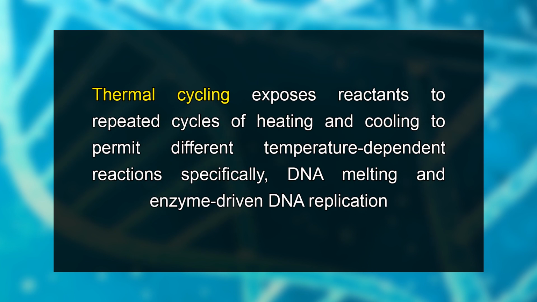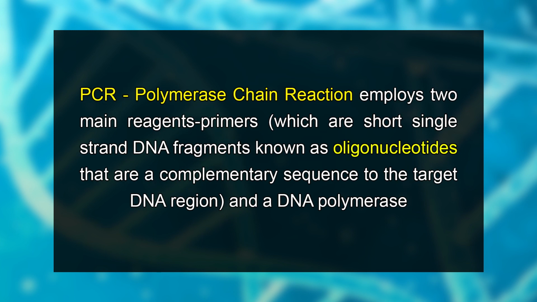Thermal cycling exposes reactants to repeated cycles of heating and cooling to permit different temperature-dependent reactions, specifically DNA melting and enzyme-driven DNA replication. PCR employs two main reagents: primers, which are short single-strand DNA fragments known as oligonucleotides that are complementary sequences to the target DNA region, and a DNA polymerase.